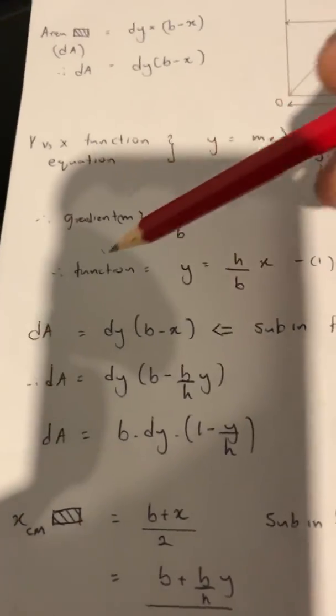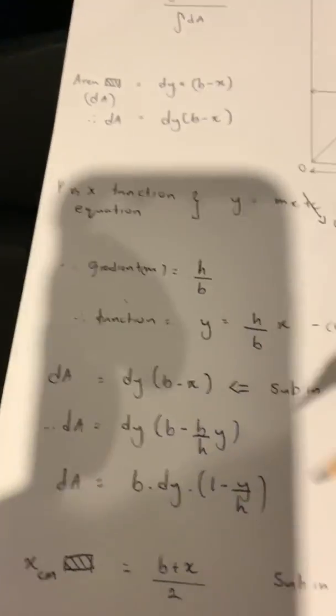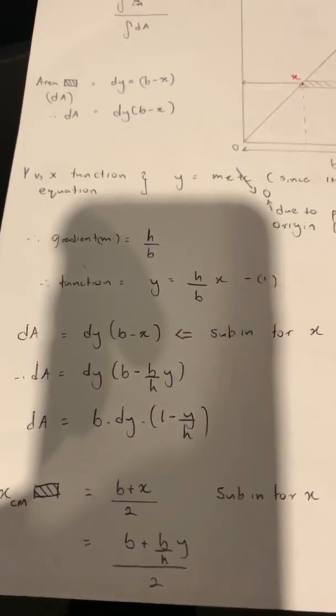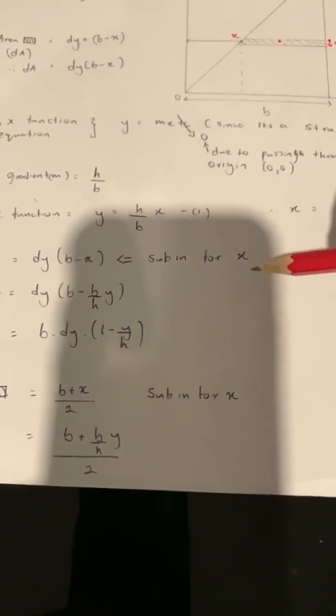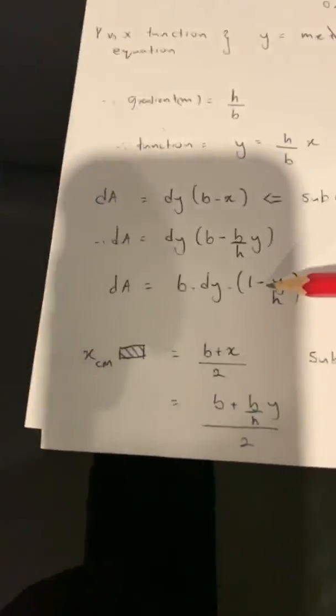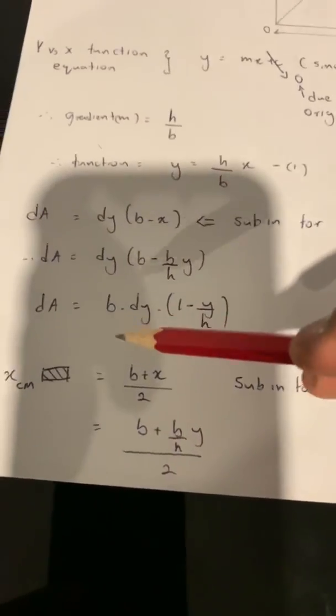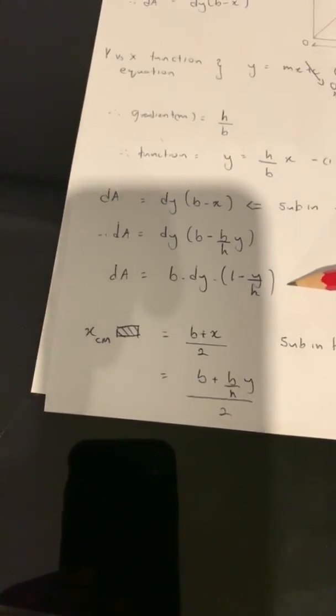Then we already found dA equals dy times b minus x, so I subbed in for x, where x equals b on h y. After simplifying, we got b times dy times 1 minus y on h.